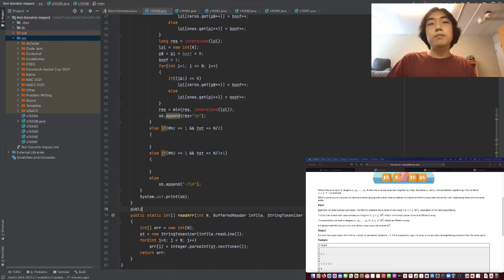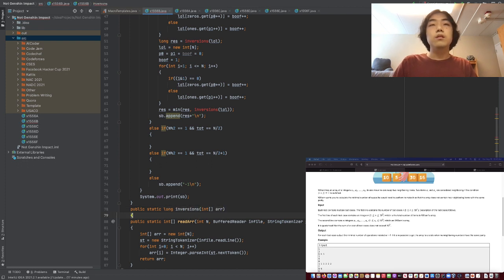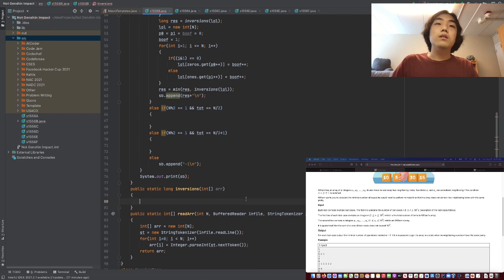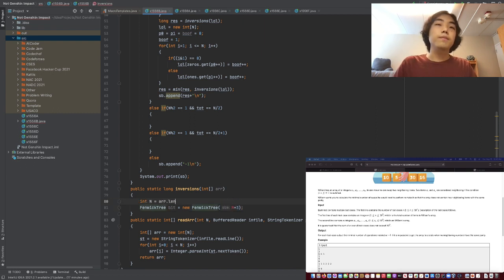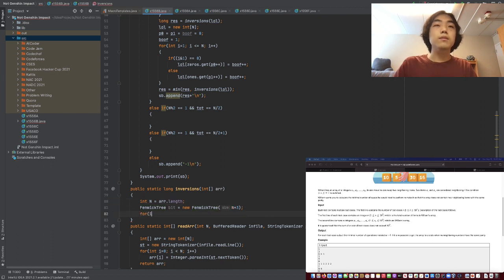All right. Static long inversions of an array, where n plus 3. n is just the length of the array.